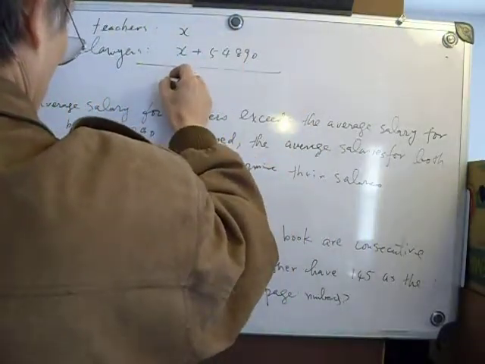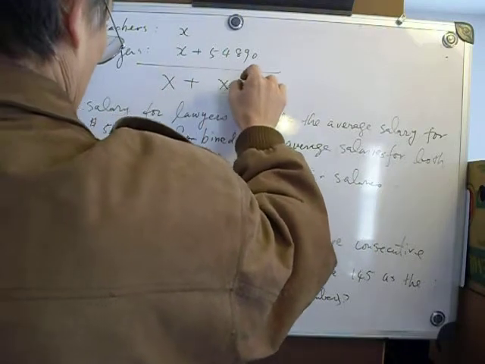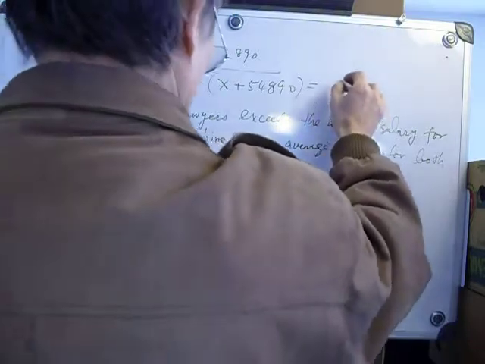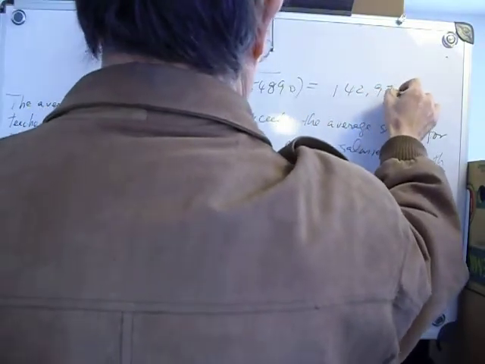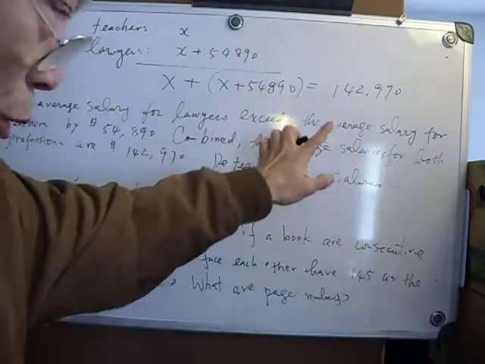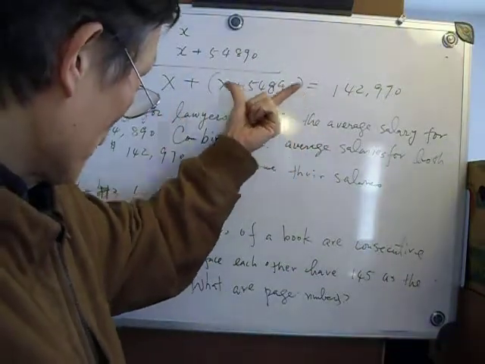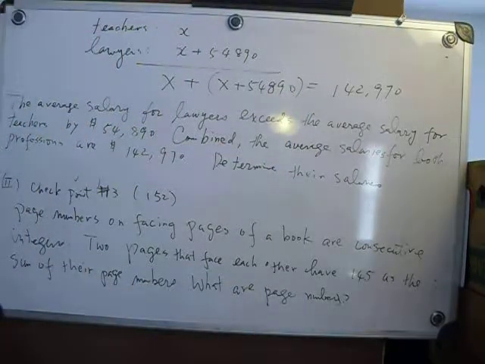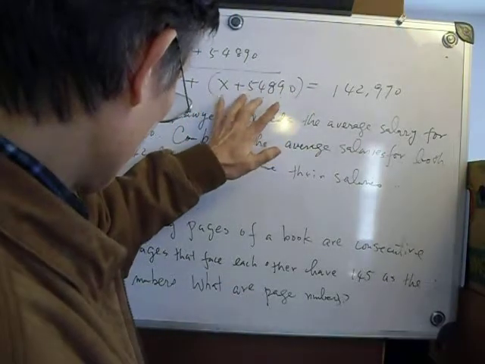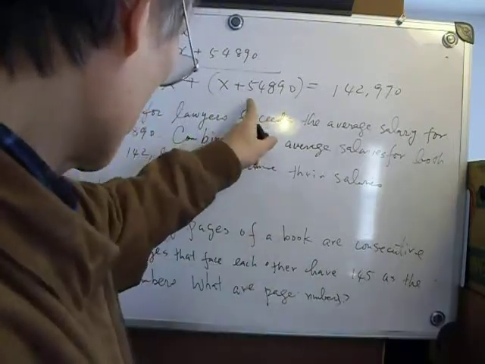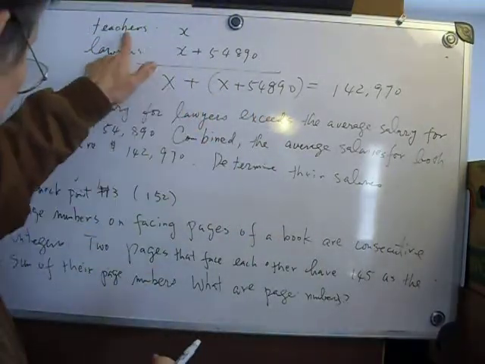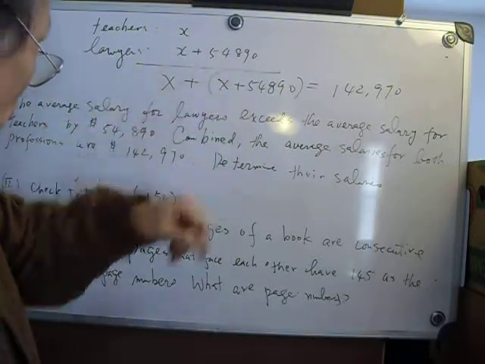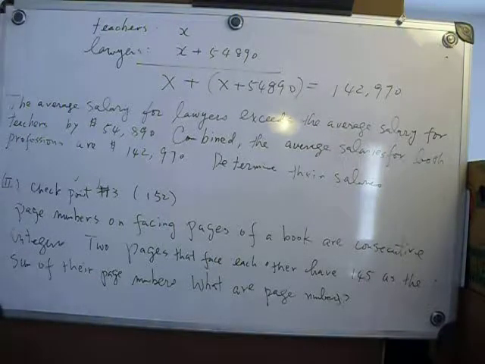These two together combine their salaries, $142,970. So this is the setup equation. On your exam, you need to give a setup equation like this to show your work. Other than that, you can use your scratch paper to solve your x. The x is obviously the teacher's salary, and then once you solve for the teacher, you add $54,890 for your lawyer.